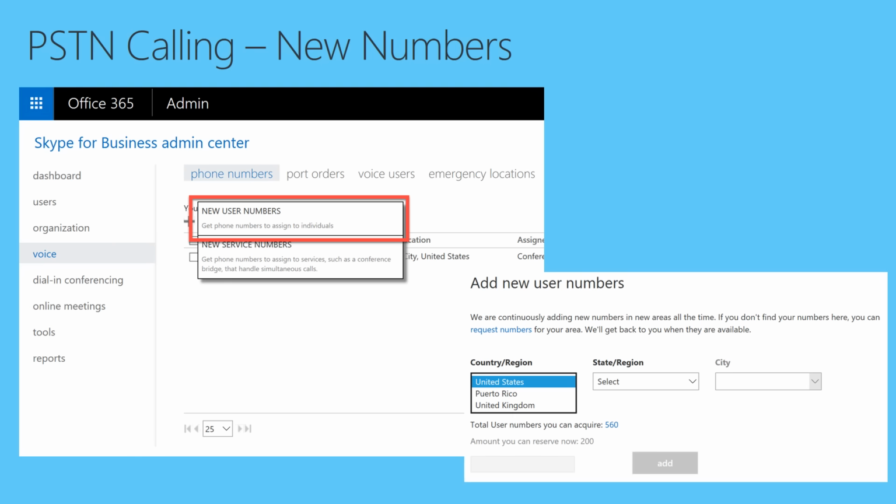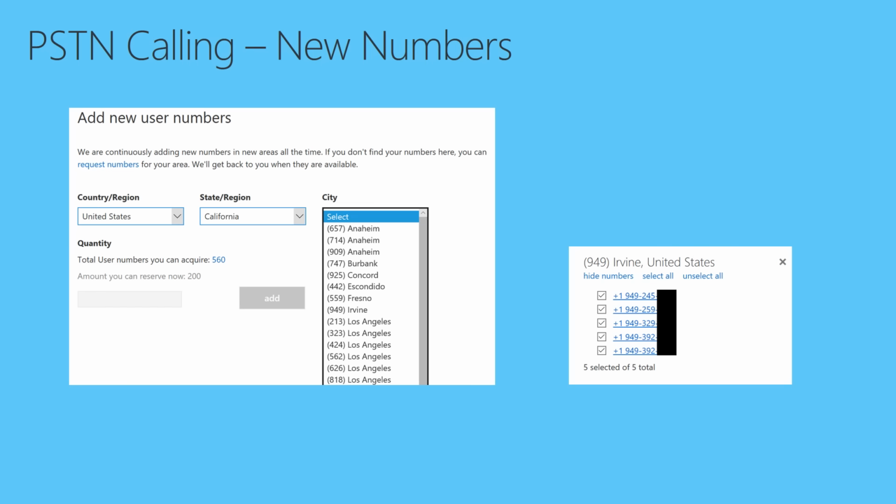Now we need to choose which country we want to be in, what's the region, and what's the city. And that will help us to get numbers with the area code that we need. After choosing the country and the region, we now have to choose the city. As you can see in this example, we have chosen United States and California, and then you can see all the area codes and the cities where phone numbers are available.